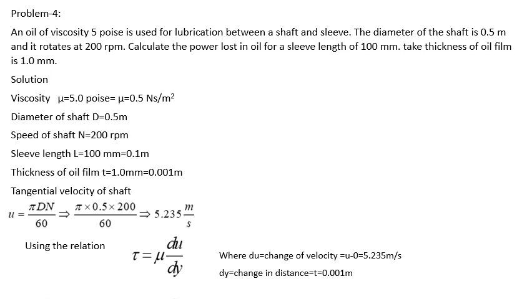What is the change of velocity? Initially the shaft is at rest, then it is rotating at the tangential velocity of 5.235 meter per second. So du is equal to u minus 0, which is 5.235 meter per second. Then dy is the change in distance, that is the thickness of the oil film, equal to 0.001 meter.